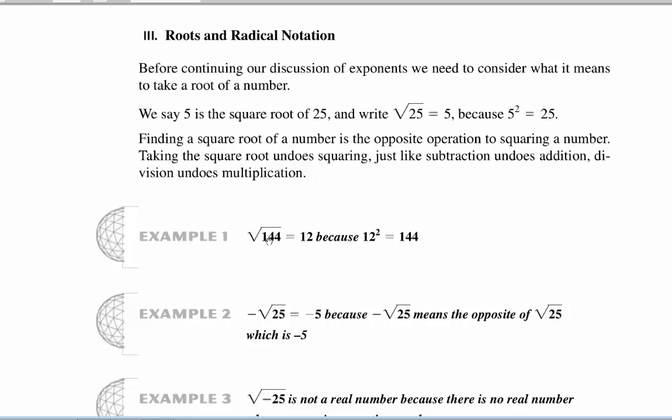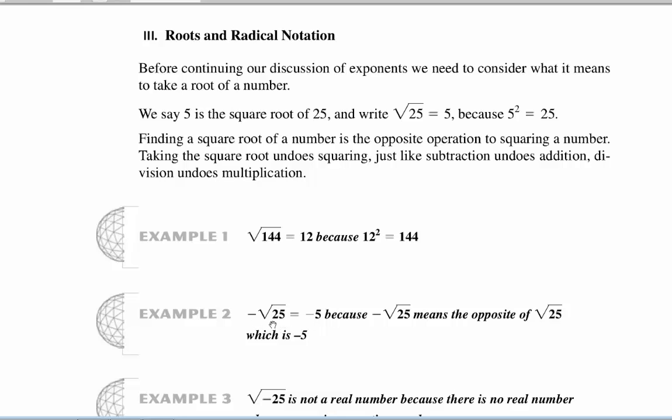So we can say that the square root of 144 is 12 because 12 squared, or 12 times 12, is 144.